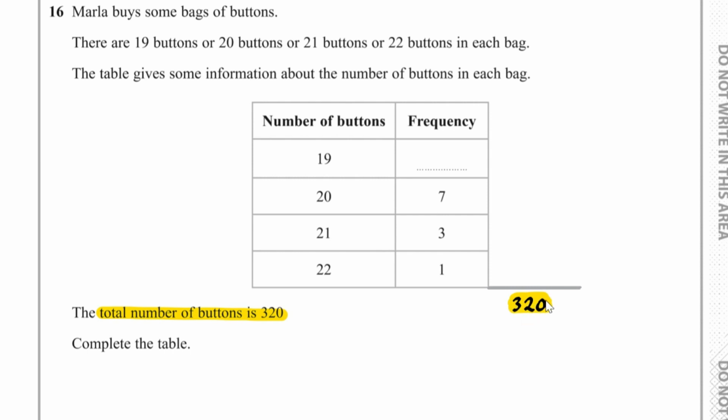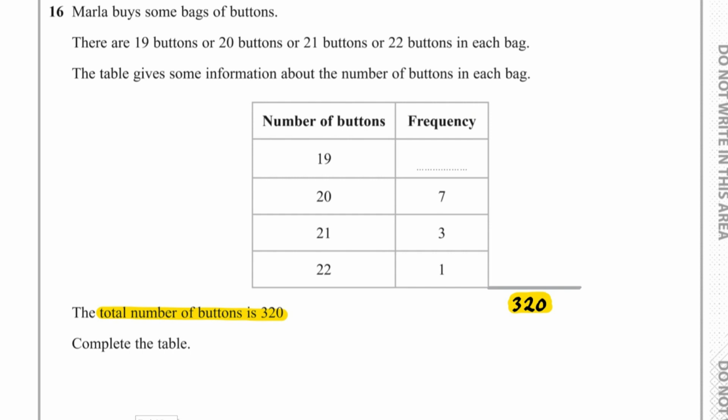What we need to do is find the frequency when we have 19 buttons. To find this total of 320, we can multiply the number of buttons by the frequency and then add them all together.